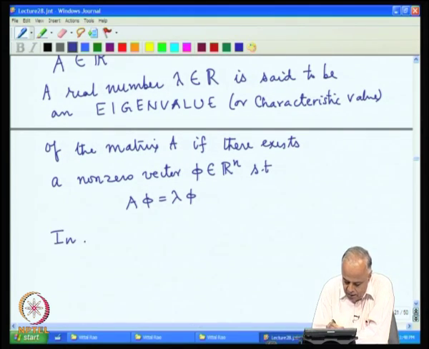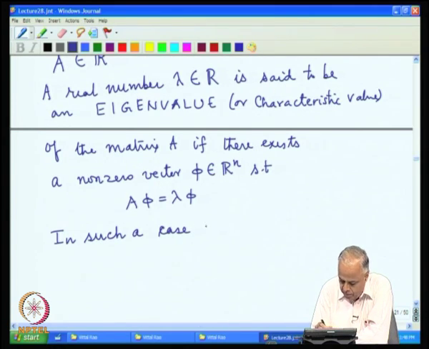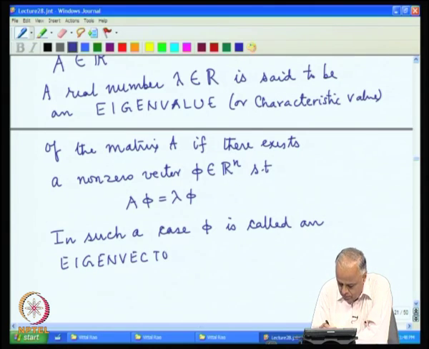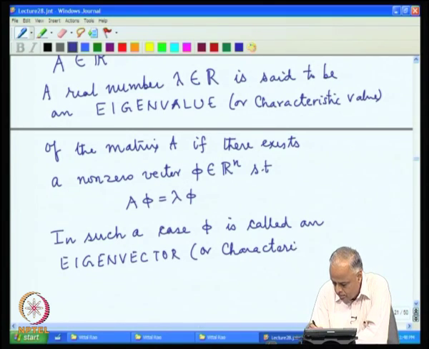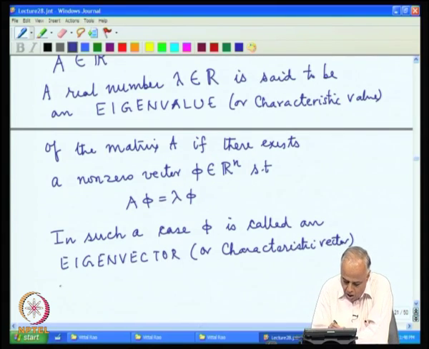In such a case, phi is called an eigenvector, or again a characteristic vector, of the matrix A corresponding to the eigenvalue lambda.